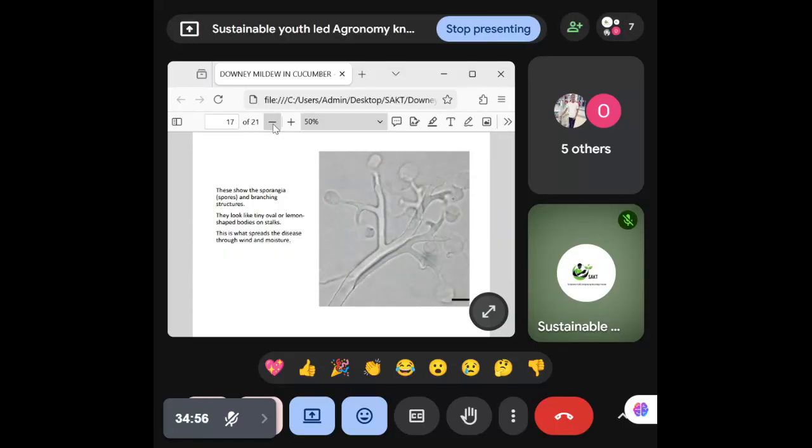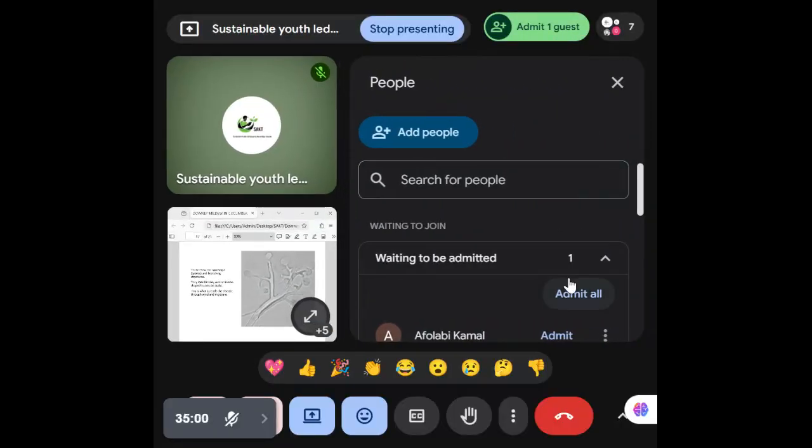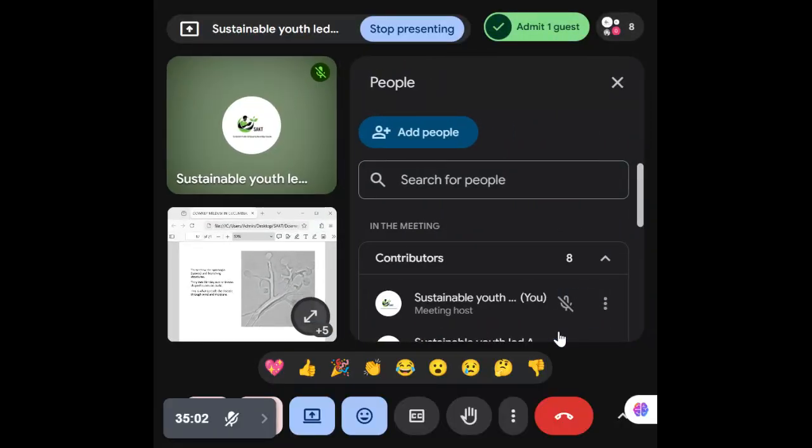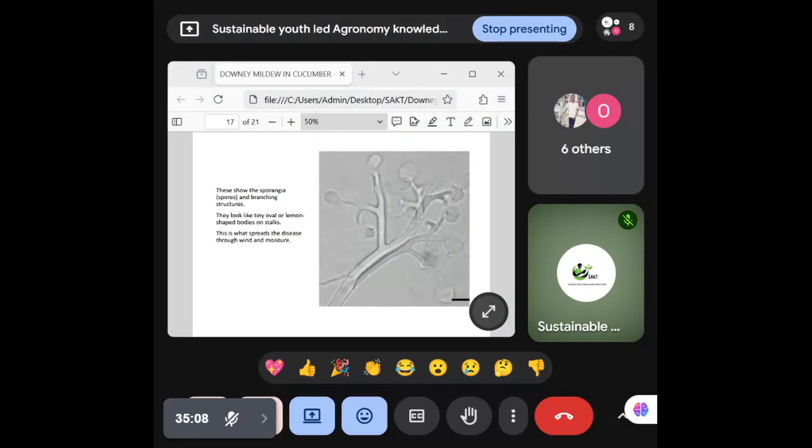It looks like a tiny oval or lemon-shaped body. So that's why the pathogen grows very, very fast. If you understand cell mutation and all that, the structure of these cells makes it easier for it to grow. It can just stretch like your plant is growing branches. That's how it grows very, very fast. So if you are not able to combat it on time, it grows very fast.